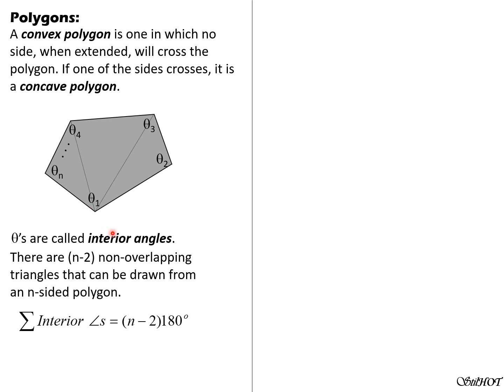Again, the angle formed between the extension of the preceding side and the following side is called the exterior angle, and we denote them with betas. So let us say that's beta 1, beta 2, beta 3, beta 4, and so on and so forth, then beta sub n.